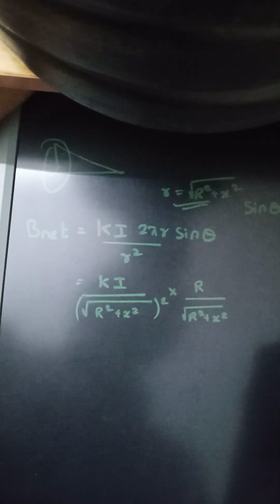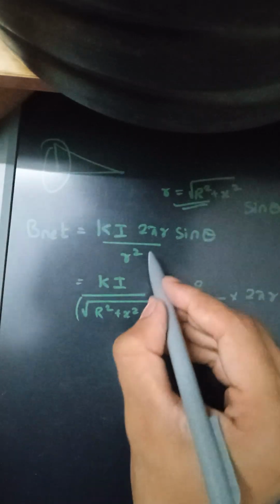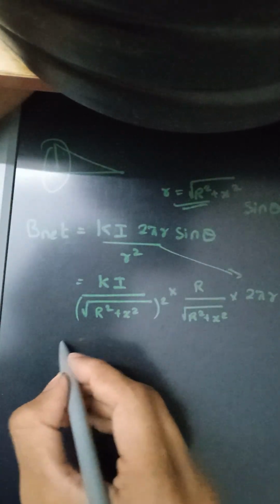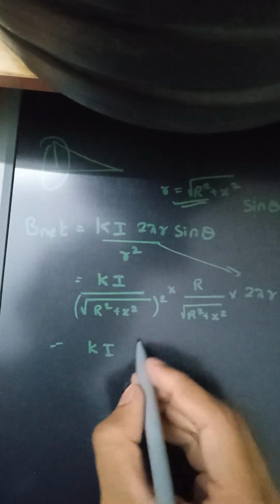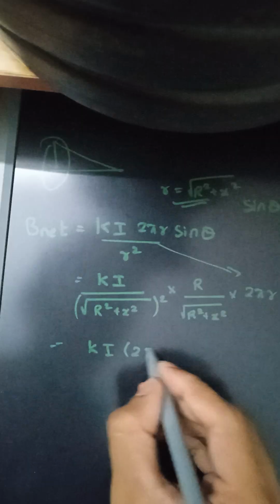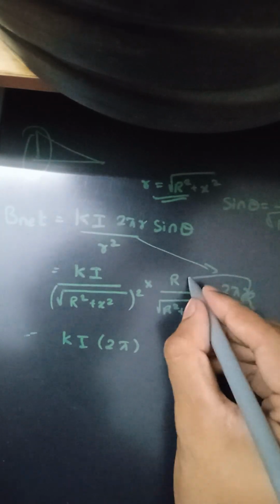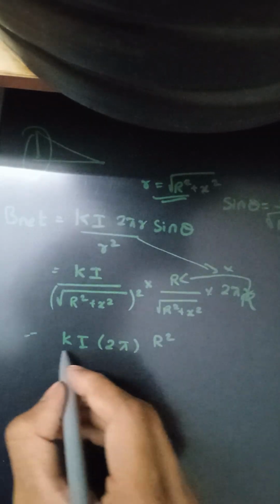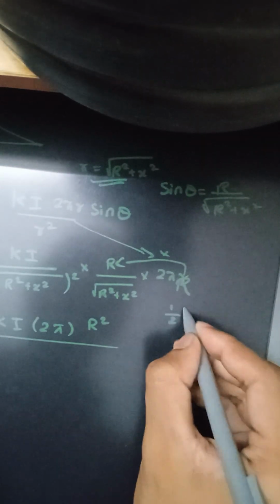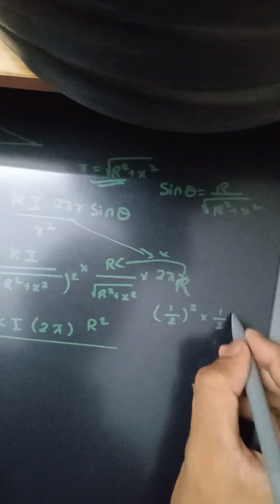Then what are we getting, guys? Into 2 pi r, I missed, sorry guys, this 2 pi r, okay. Then k into I into 2 pi, this is capital R. So this r and this r will be multiplied, so r square, and I will be writing here, 1 by 2 the whole square into 1 by 2.